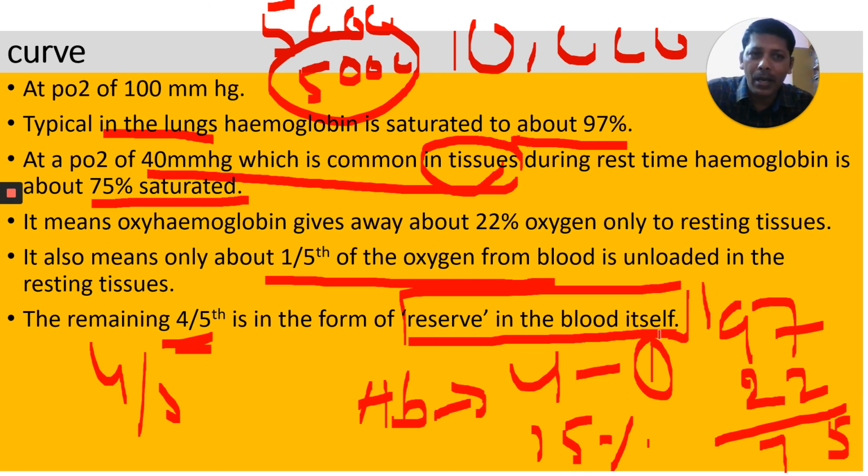The person may die. To save the life of that person when the heart stops suddenly or breathing is interrupted, our hemoglobin always keeps some amount of oxygen in reserve.